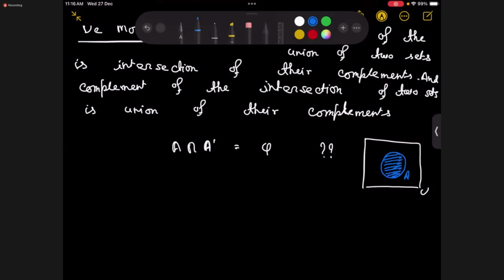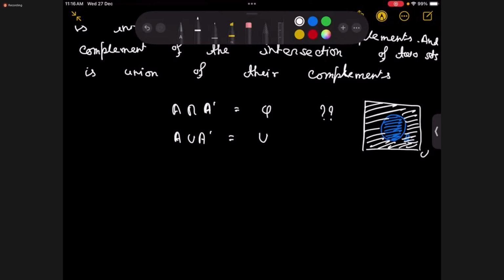And what about the A complement? A complement contains these elements. So there are no common elements. So A intersection A complement must be phi. Okay. Now what about A union A complement? A union A complement is equal to the universal set U.